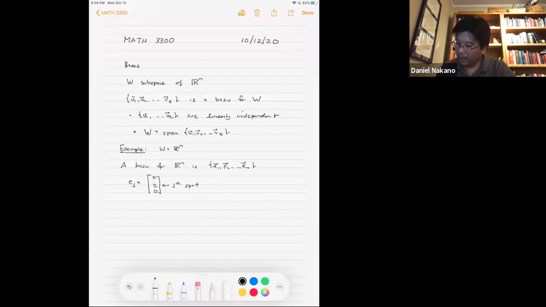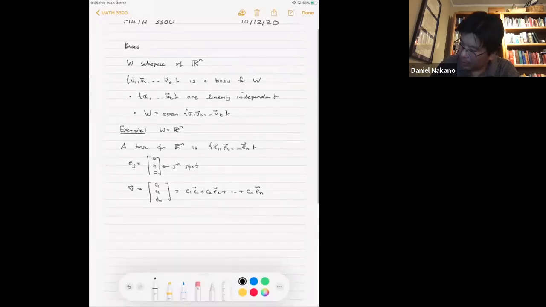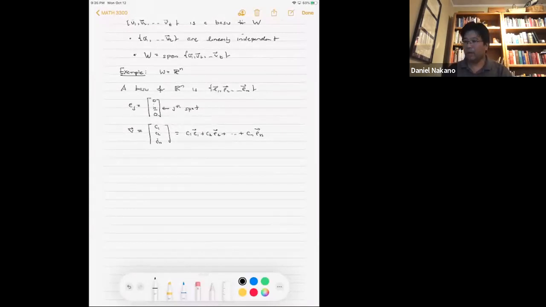All right. If I take a vector v equal to (c1, c2, up to cn), then I can write it in terms of the basis: c1 e1 plus c2 e2 plus up to cn en. Okay? So these are the coordinates of the vector.